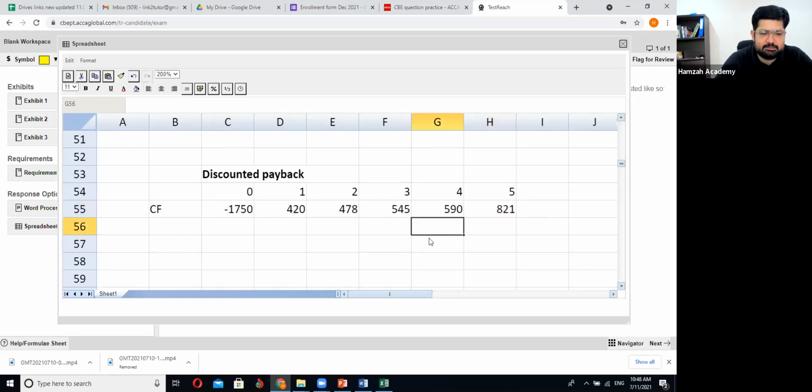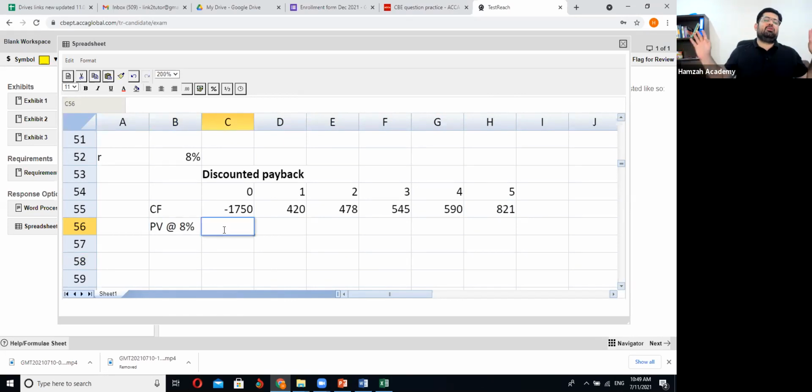For example, the discount rate or cost of capital is 8%. In discounted payback, we first calculate the present value of all cash flows, at the rate of 8%.